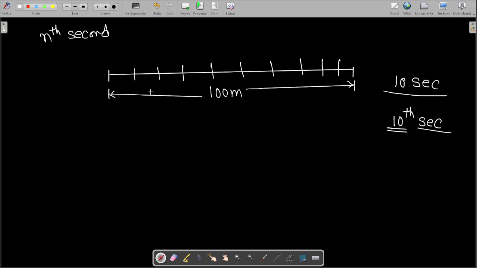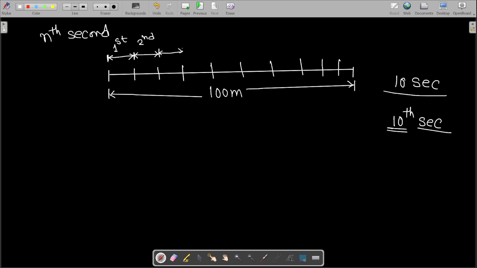The time interval from here to here is called first second, and the time interval taken to cover this distance is called second second.